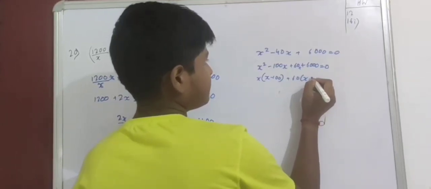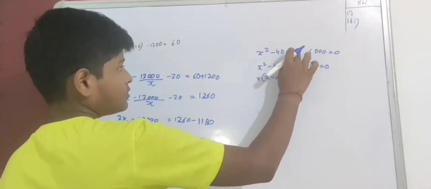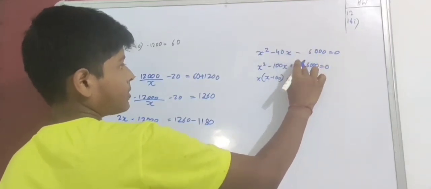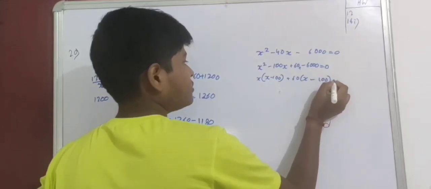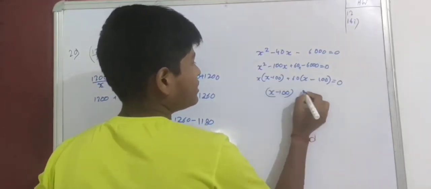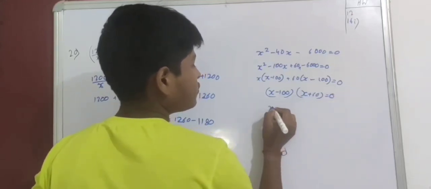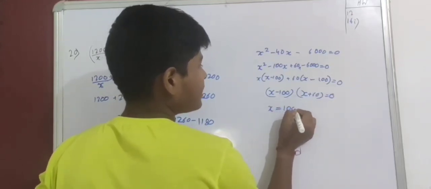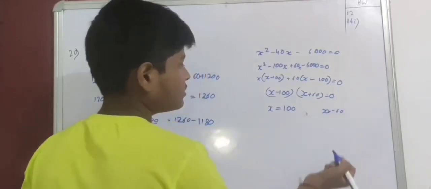So you have to keep in mind that both sides we get x minus 100. This will be negative because the term has been shifted on the side of equality. We have x minus 100 and x plus 60 as your factors. Now solving each separately, we have x equal to 100 and x is equal to minus 60. So these are your final answers.